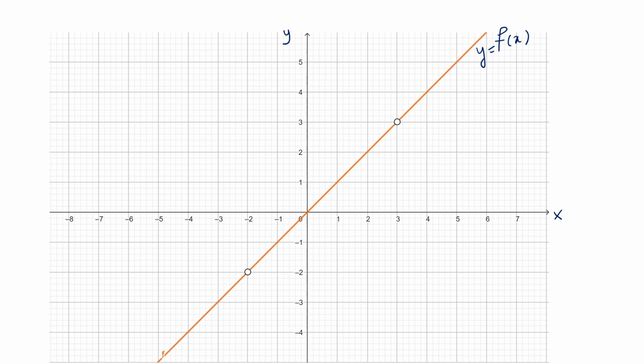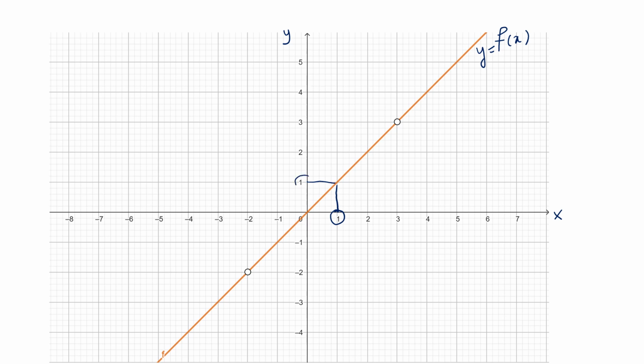Suppose x equal to 1, I am taking the x value 1. What is the corresponding f of x value? How are we finding this? From here to here, we have to draw a perpendicular line, and from this point to the y axis we can draw the line.